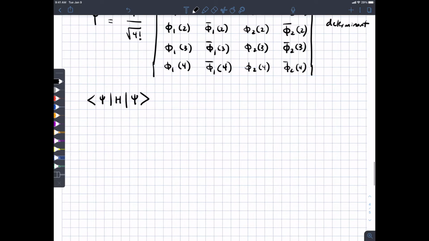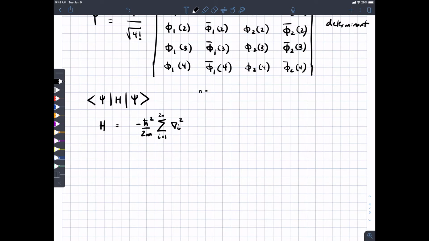And just to remind you, that Hamiltonian is equal to, you've got the kinetic energy term, we've got the second derivative with respect to some coordinates for electron I. And let's say that we start with electron 1 and we go up through electron 2n.